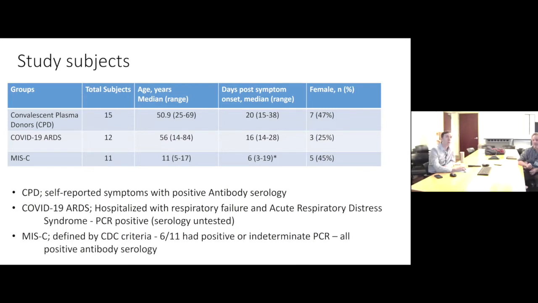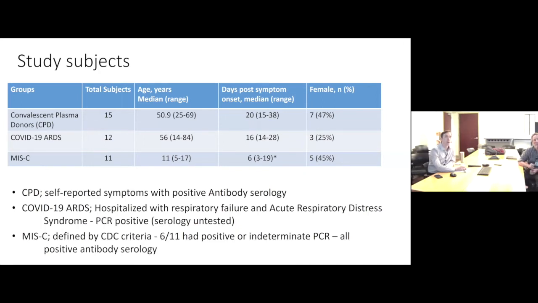We were able to gain access to convalescent plasma donors, adults and teenagers who had developed ARDS and ultimately required hospitalization and mechanical ventilation, and children who presented with the MIS-C syndrome. We were able to recruit 15 total plasma donors, 12 ARDS patients, and 11 of the MIS-C subjects.